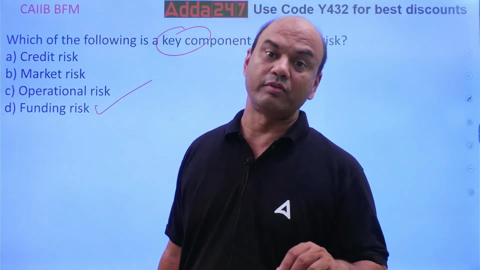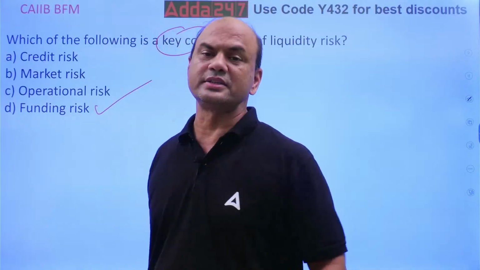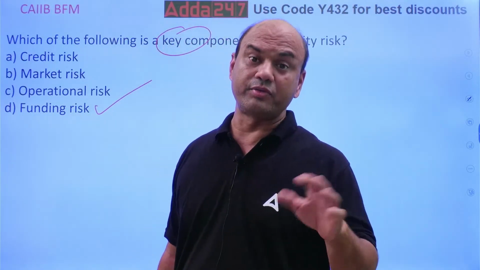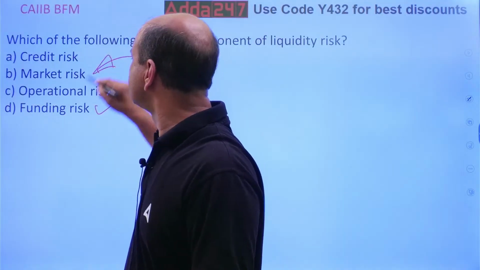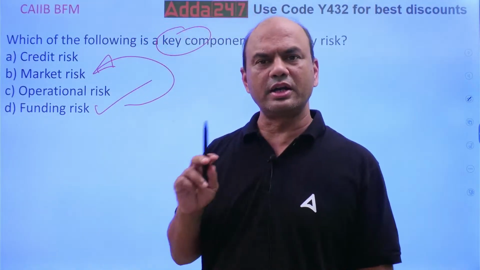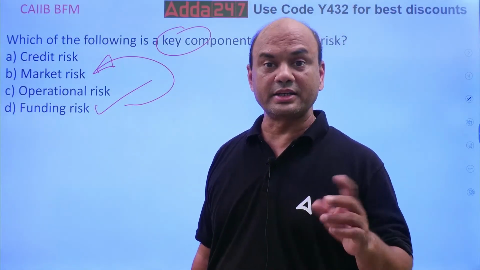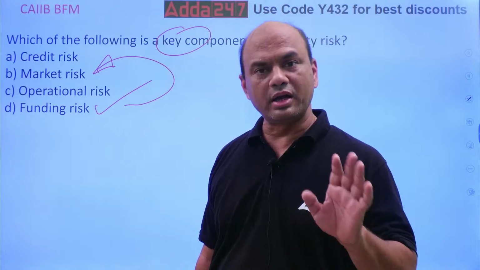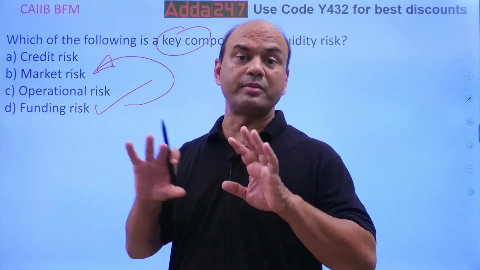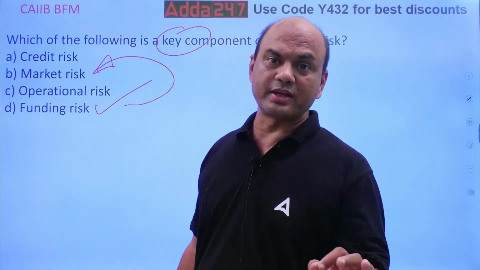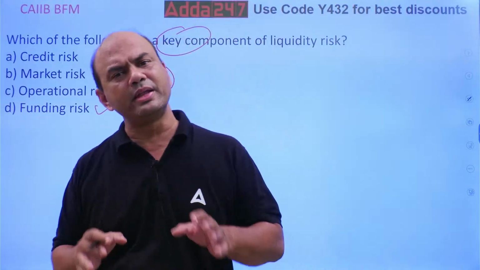But one important point I want to mark is that this funding risk is ultimately affected by market risk, because funding is ultimately affected by interest rates and the market situation. So ultimately it will be market risk in the end, but because that is a very big term, the specific answer is funding risk, because market risk contains many other risks.